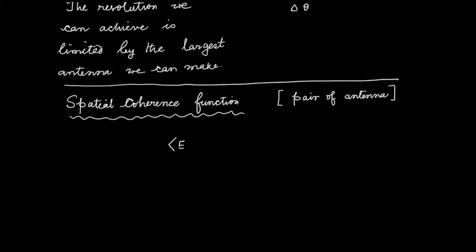So this is E at x1, electric field measured at x1, and E star at x2, and we take what we call the average, and this was given by the following integral. This we arrived at the end of last discussion. I being the intensity of the sky in the direction n cap.